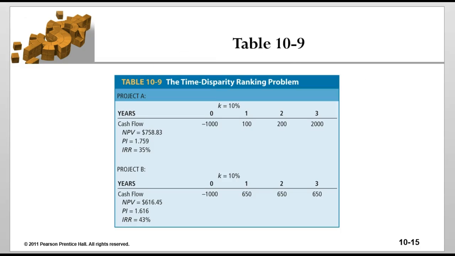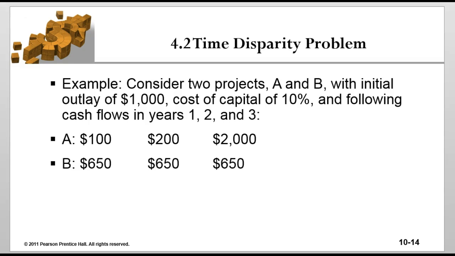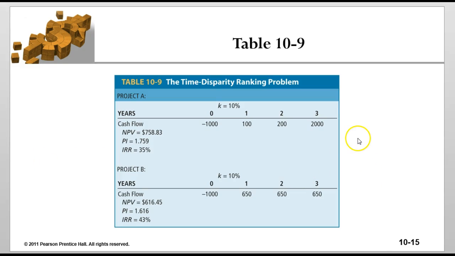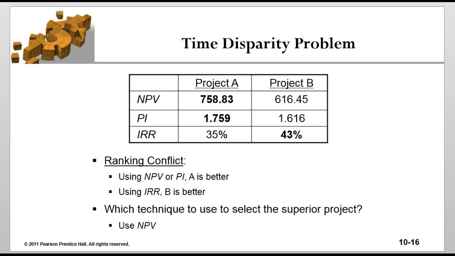So if you go to the table, and again, you will see here's some conflicting information here. Not conflicting, but confusing. So our NPV is high in Project A. Our PI is fairly good. I guess you could compare those. But look at the IRR. It's much higher. So what do you do in this situation?